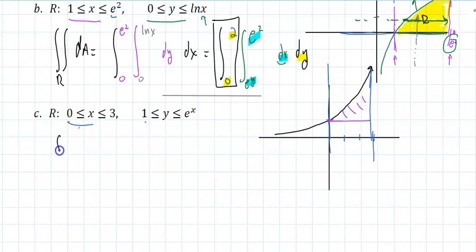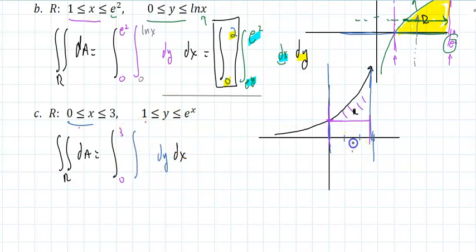If you take the double integral over this region R of dA, that would be the integral, and let's go with x first. X runs from x equals 0 to x equals 3, that's simple. And y runs from 1 to e to the x. Seems really straightforward. What if I wanted to reverse the order? What does y run from? Well, if I want to do this sideways, y runs from 0.